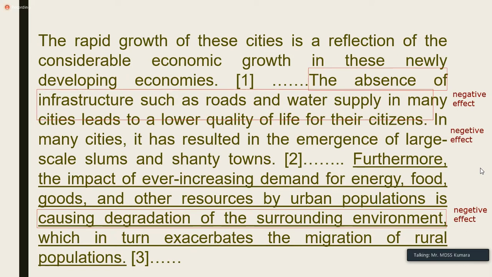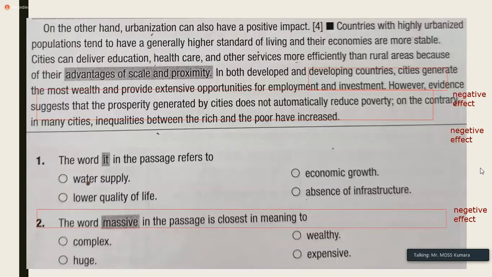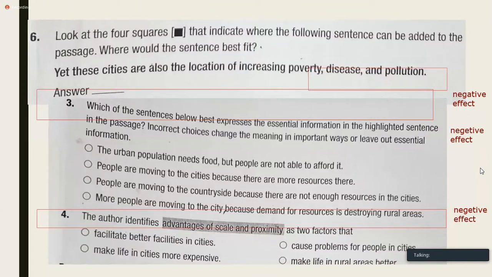So that way, overall, the last paragraph here describes positive effects of urbanization, and the second paragraph describes negative effects of urbanization. The first sentence is a little bit different, maybe something like a transition.